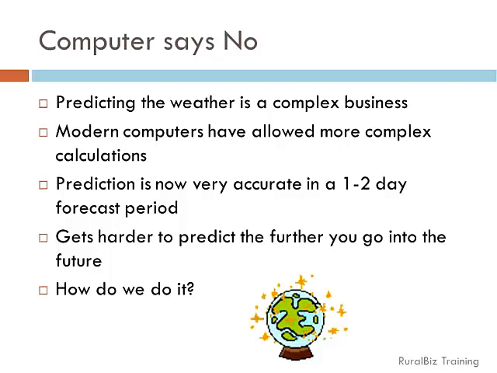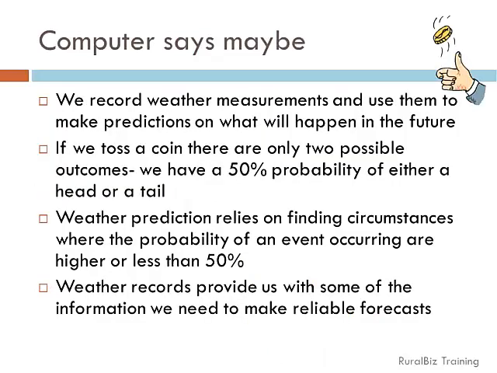There may be others that might be better, but it's the best I've seen. So prediction's very accurate in the 1 to 2 day forecast period. We always get the odd thunderstorm that might come up in between, but generally speaking, in that short term, it's fairly accurate. It gets harder to predict the further you go out into the future, and a whole lot of models have been developed, and we'll go into those a little bit next week about how to predict it might go into the future. So how do we go about it?